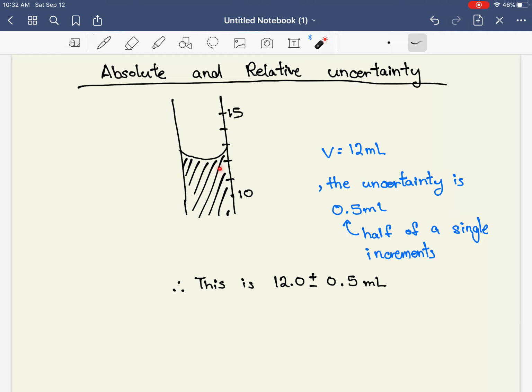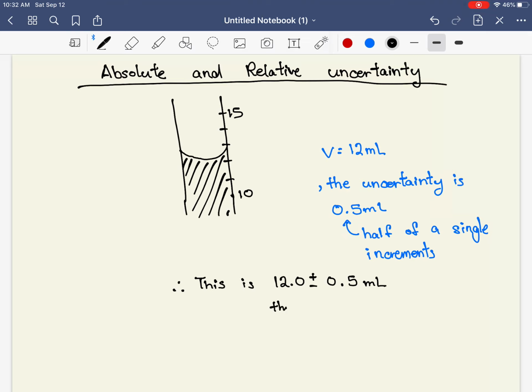So if somebody asks you, what is the volume of this? You wouldn't say 12. You would say 12 plus or minus 0.5. That gives you a range, because this is actually representing a range, from 12 minus 0.5 to 12 plus 0.5.